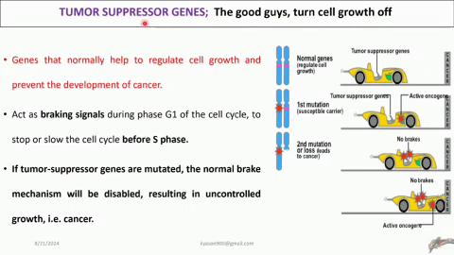I said these act as brake signals, and they will stop your cell from dividing if there is any challenge. For example, as I related these genes to the brakes in your car, if you see any challenge in front of you, you just stop to prevent any trouble.